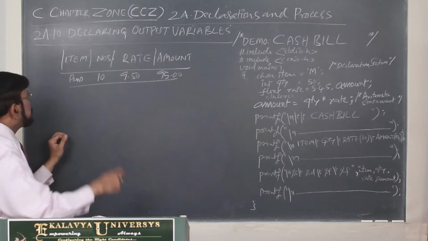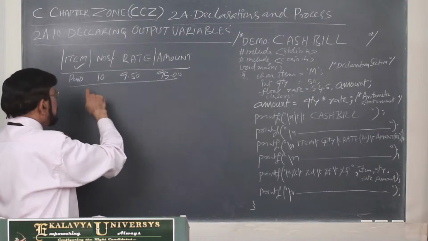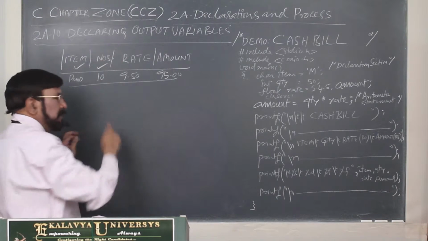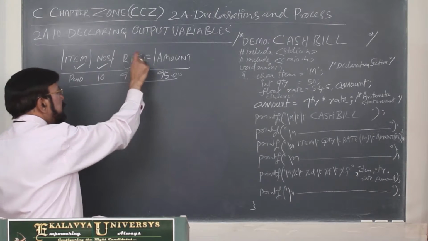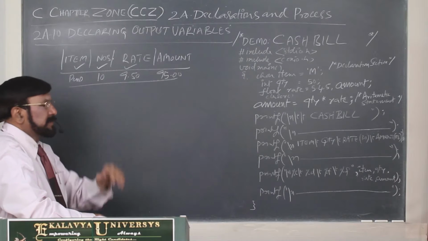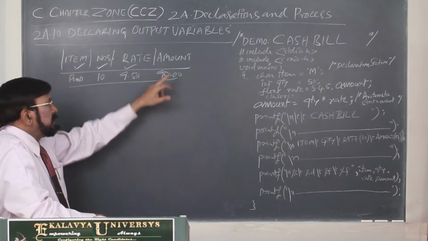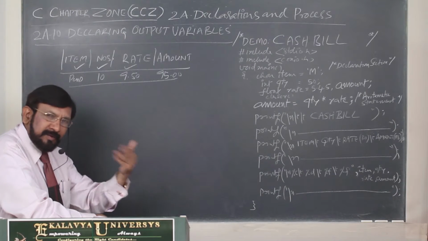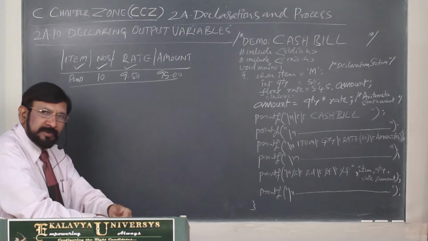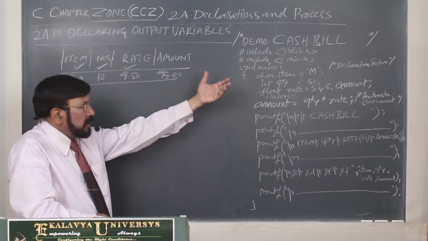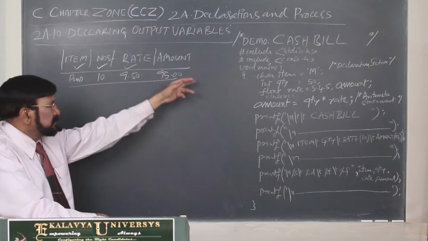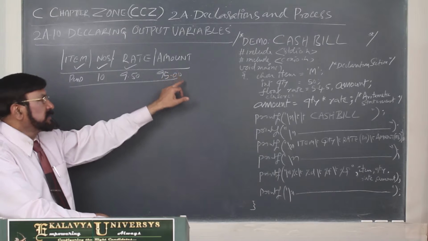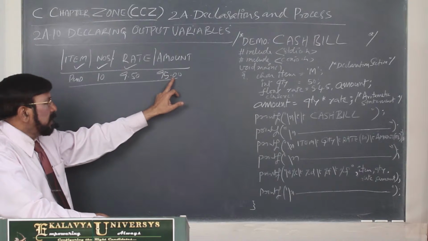Out of that, three items he enters: item name, number of articles, and the rate of the article. As far as amount is concerned, he does not enter. The calculator, the computer, whatever cash bill issuing machine is there, calculates this amount and prints it here.